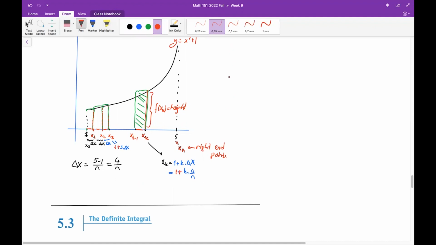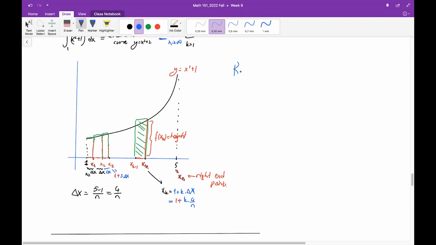Okay, then the Riemann sum. Now I'm ready to create my Riemann sum. It is this finite sum where we sum the areas of the n many rectangles. This is the area of the kth rectangle. It is delta x, the base, times the height.